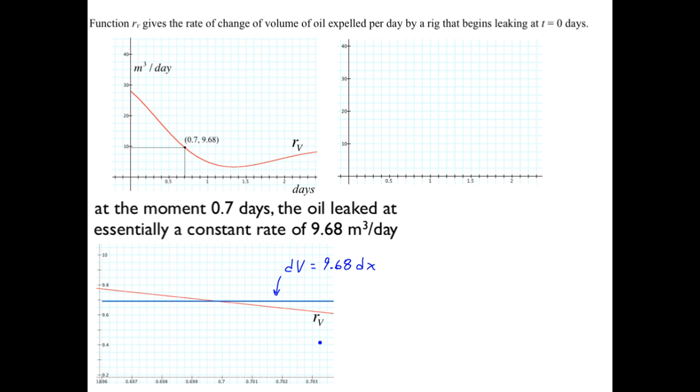So by assuming a constant rate over this very short interval, I can apply this easy mathematics to get a little bit of volume. Super important concept here. That's why we want the blue one, because it gives us a way to actually calculate some amount of volume, whereas the red one doesn't. Does that make sense? So let's do it.